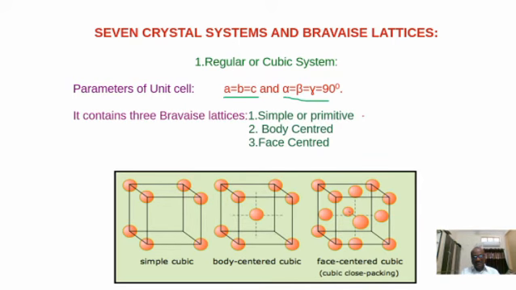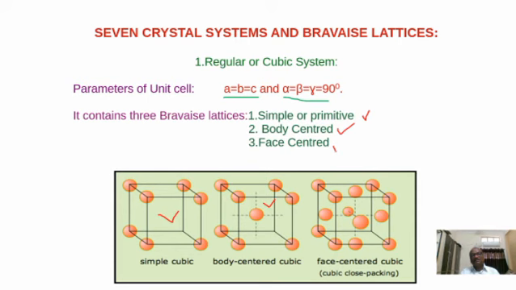What are they? Simple or primitive: 8 corners are occupied by lattice points, as you can see here. Second is the body-centered cubic cell: 8 corners and the center of the body.